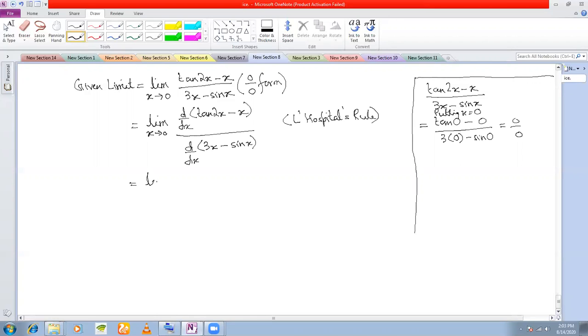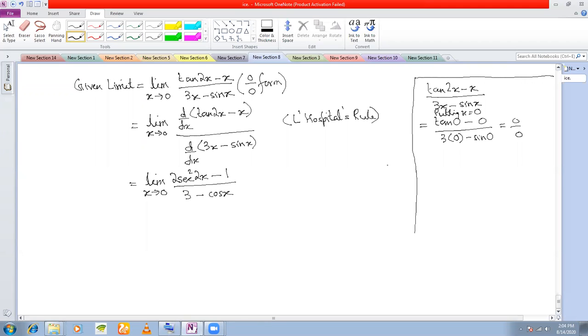ddx tan 2x is what? Differentiate tan first, you get sec square 2x, and then ddx of 2x you will get 2. And ddx of x is 1, divided by ddx of 3x is 3, and ddx of sin x is cos x.